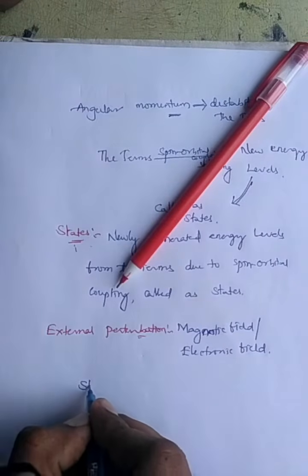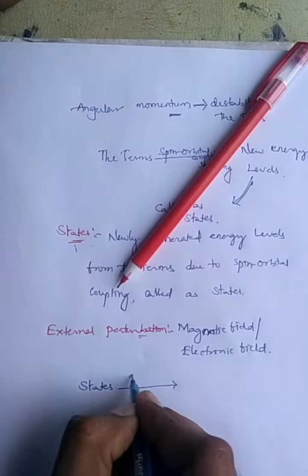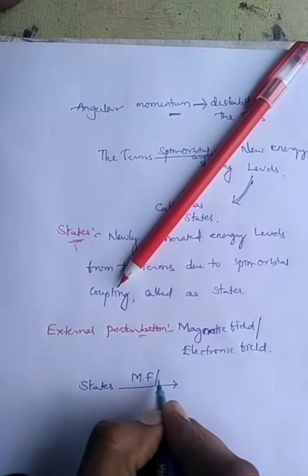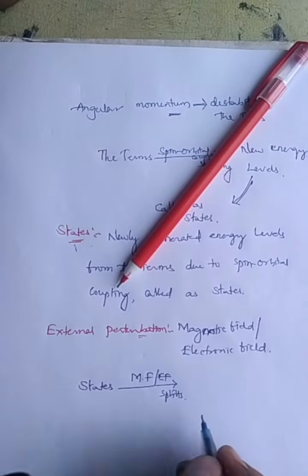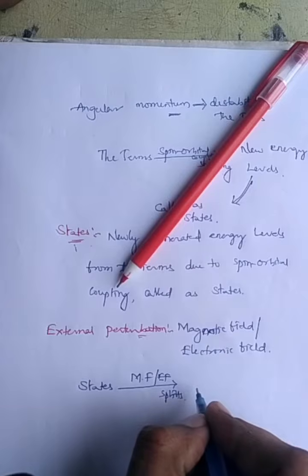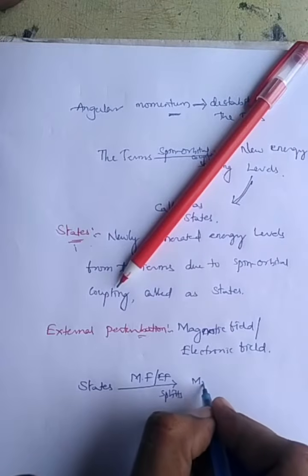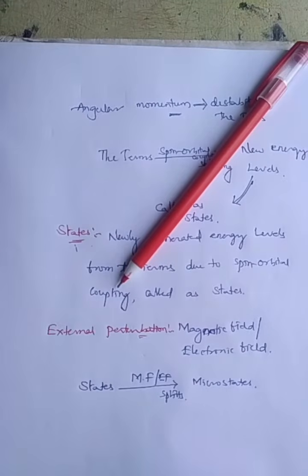So the states, under the influence of a magnetic field or electric field, further split into new hyperfine energy levels of microstates, right?